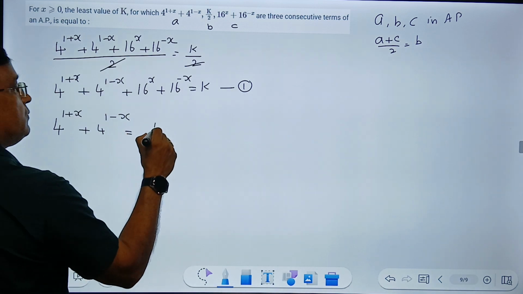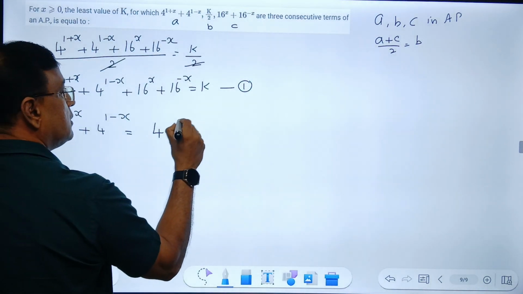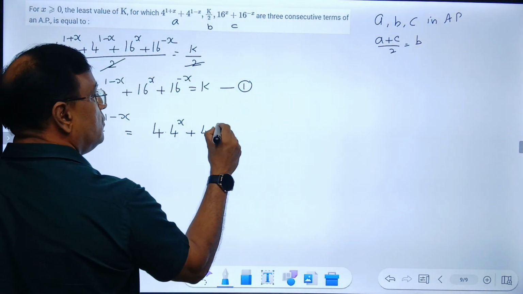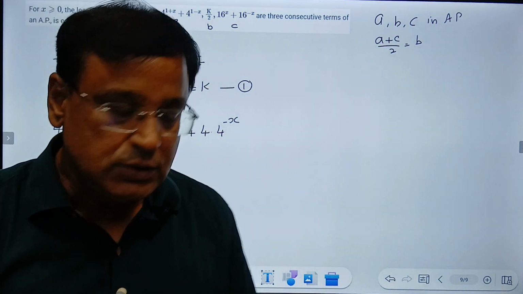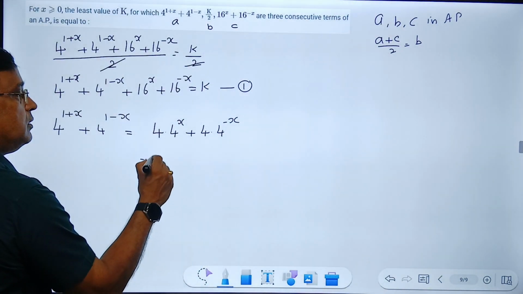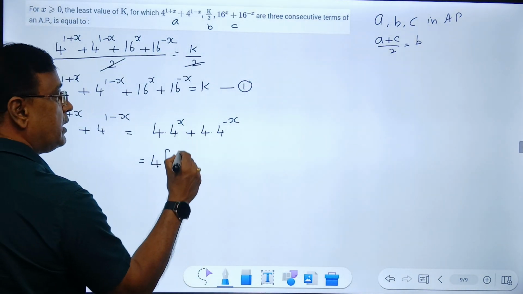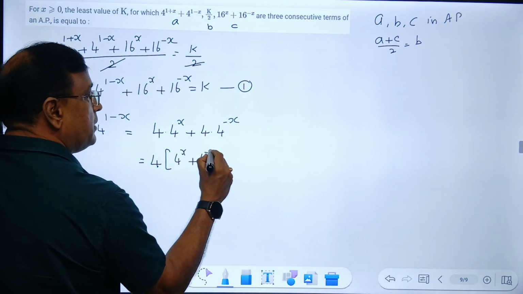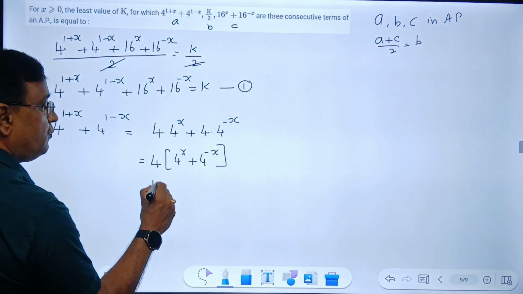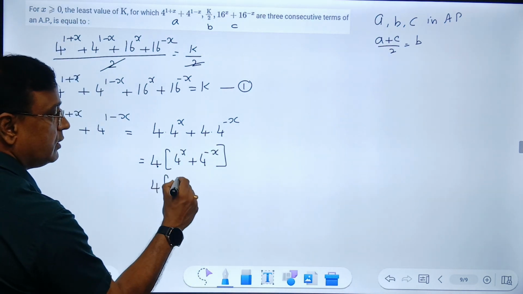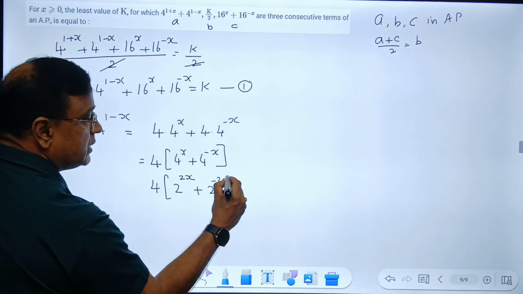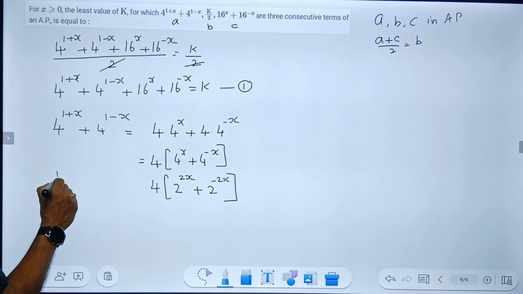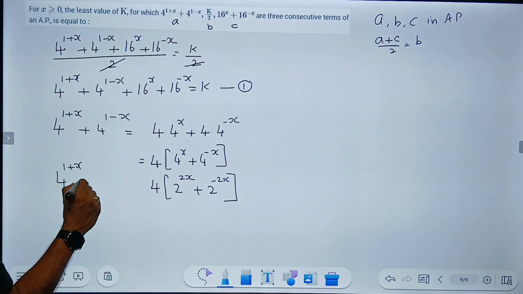Now can I say this is 4 into 4 power X plus 4 into 4 power minus X. Correct? So from this 4 is common. So I get 4 power X plus 4 power minus X. But you know 4 power X is nothing but 2 square power X. So can I say this is 2 power 2X and this is 2 power minus 2X. So this is what you have got for this. Let it be there.